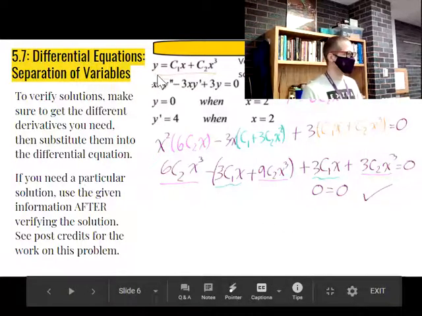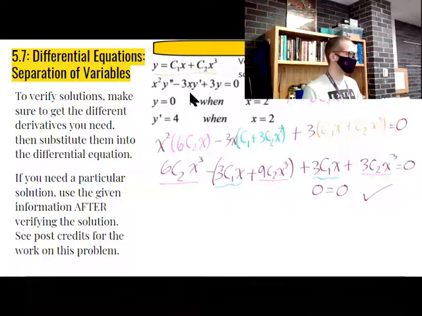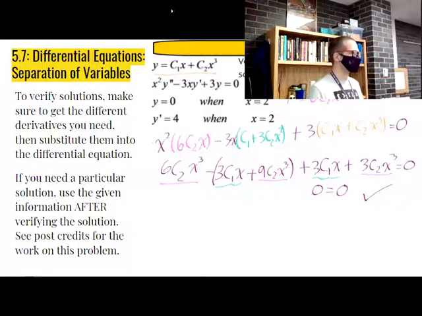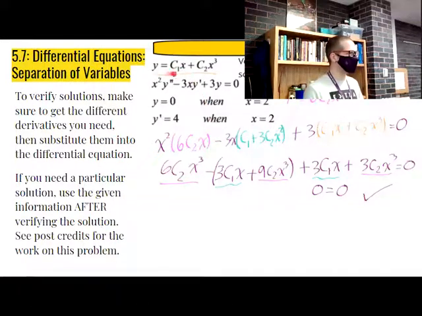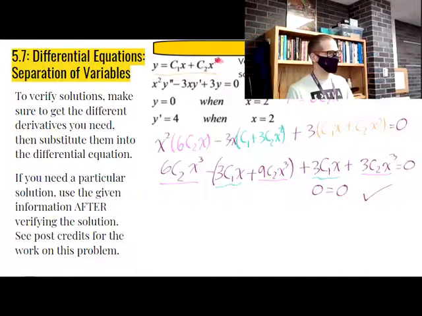If you have a problem like this, hint, nudge, elbow, you might have something like this. Verify the solution works first, the general solution. So we're saying that y equals C1 times x plus C2 times x to the third is a general solution.